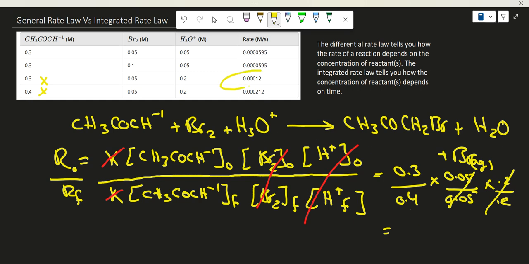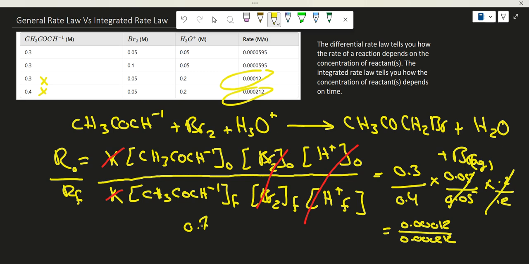This is the rate here, this one and this one as well, which is 0.00012 divided by 0.0000212. So 0.3 divided by 0.4, using the calculator, is 0.75.